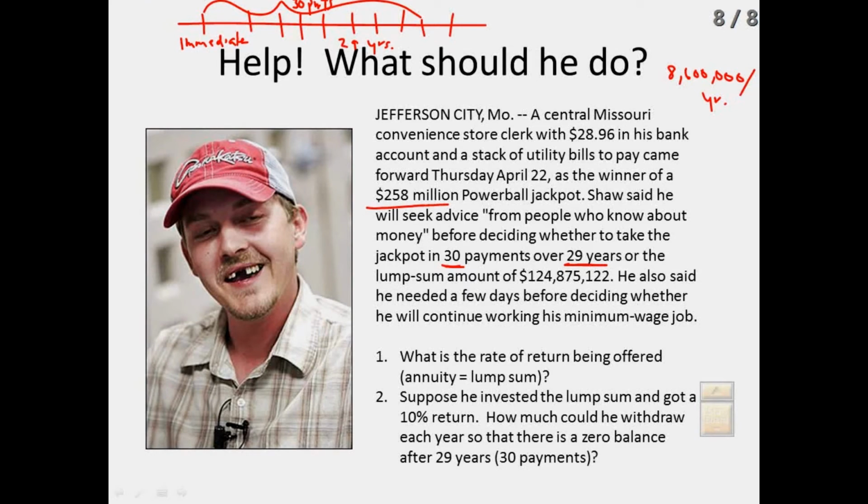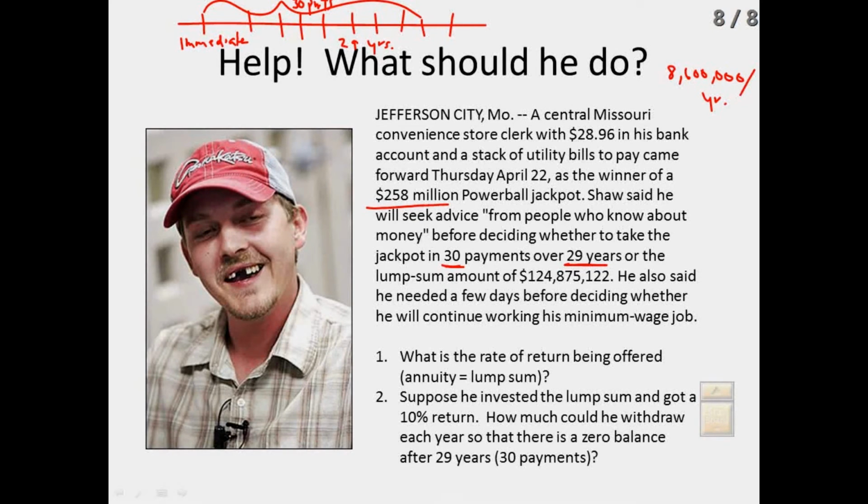Okay, so take a minute or two, 5 minutes maybe. Try and figure out, not based on just your gut and your feeling of, wow, 8.6 is a lot of money, what is the implied interest rate that they're offering if $124 million today is exactly equal to the 30 payments of $8.6 million each?